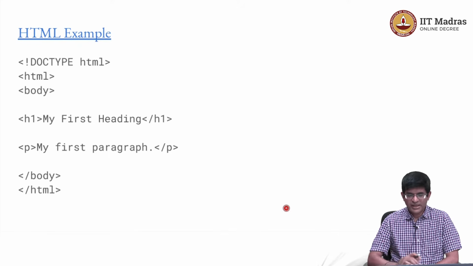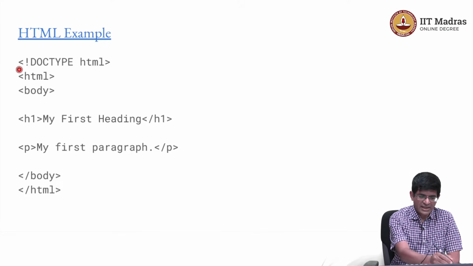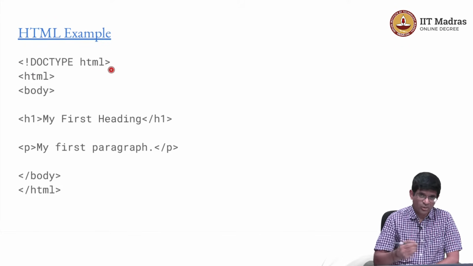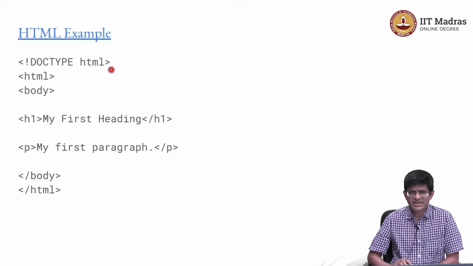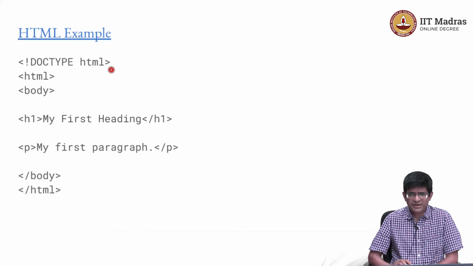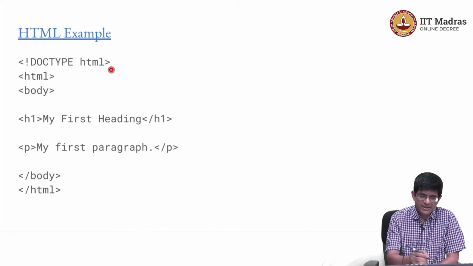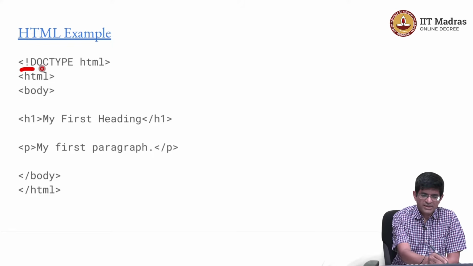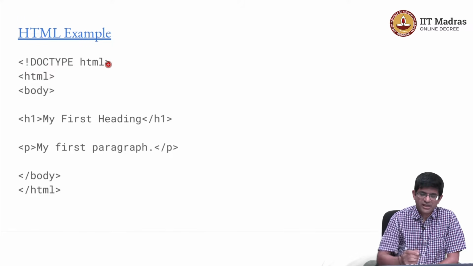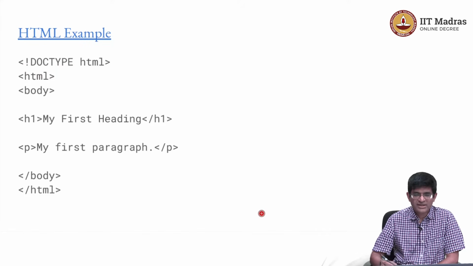This is an example of an HTML document, pretty much the simplest document you can think of. This first line, in a modern HTML document, looks very similar to what HTML would have looked like 30 years ago. But the point is, this line, doctype html, is nowadays considered more or less a requirement.